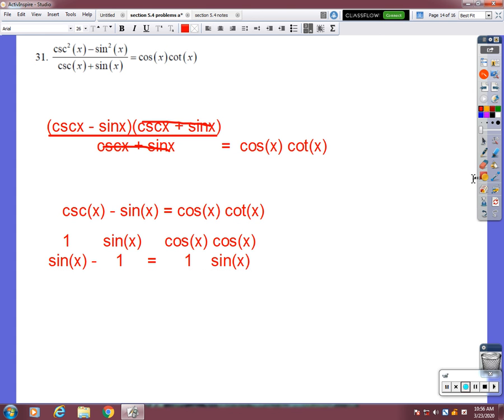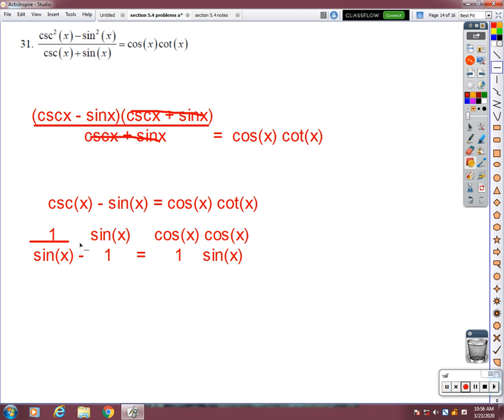Okay. Alright, so I actually should be able to see where we're going with this from here.